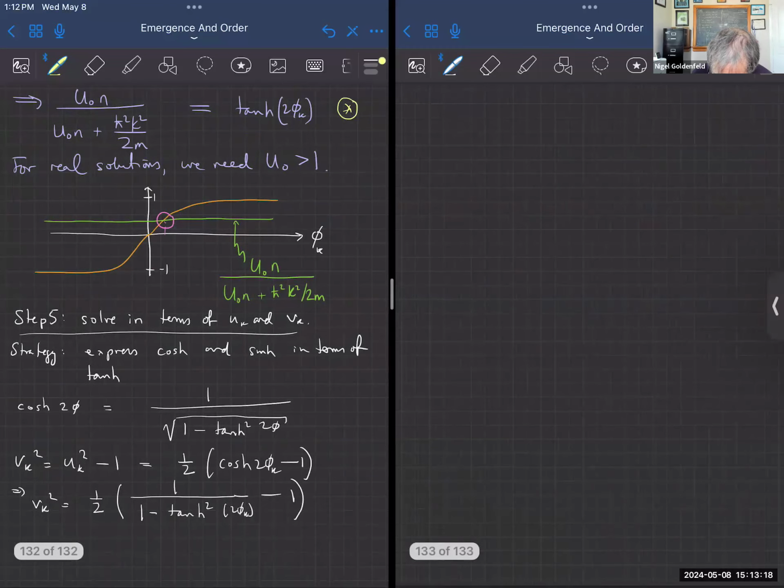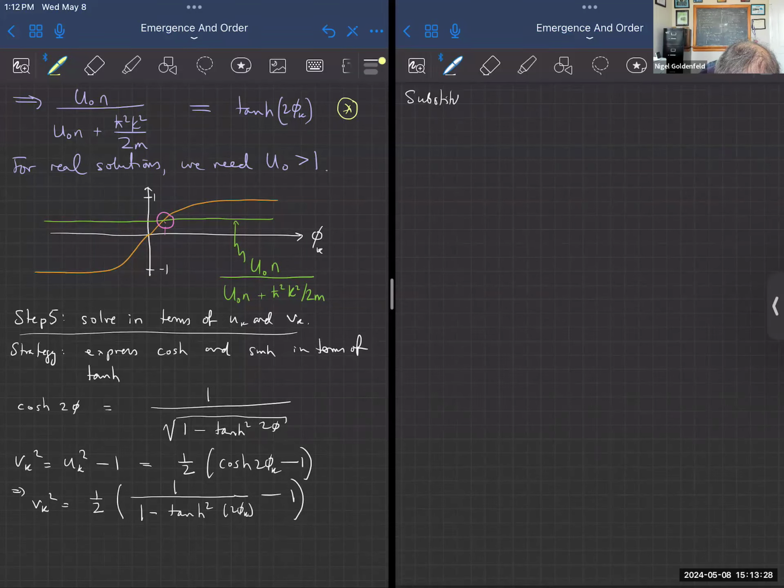So let me write the final result. Substituting it in, what I get is the following two equations. UK squared is this.